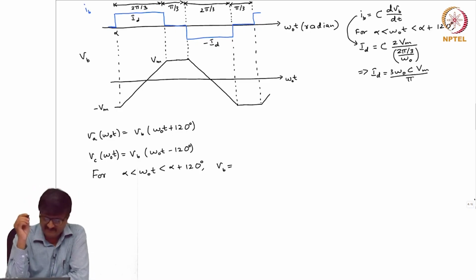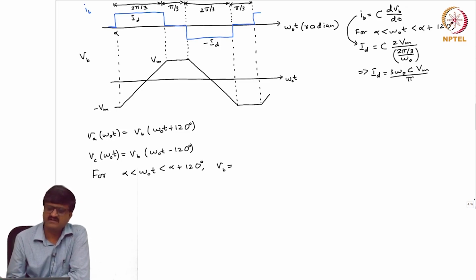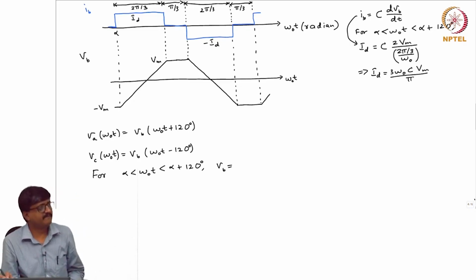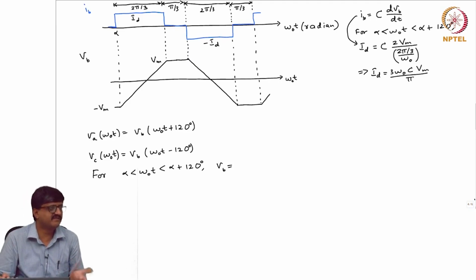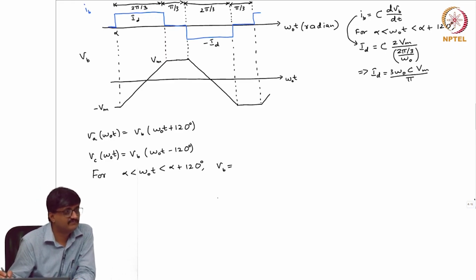Now, can I write the expression for VB for alpha to alpha plus 120 in terms of Vm? It is easy to write in terms of Vm, so that is why I introduced the notation Vm. From alpha to alpha plus 120, VB is a straight line segment. What is the equation of the straight line segment?